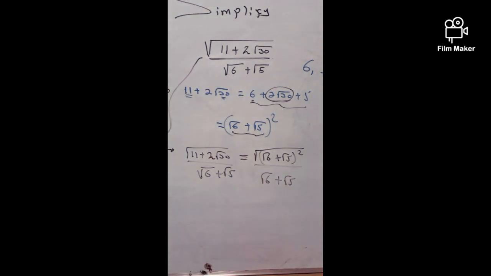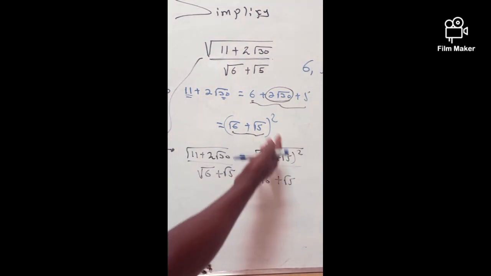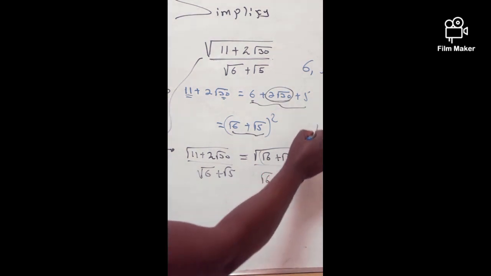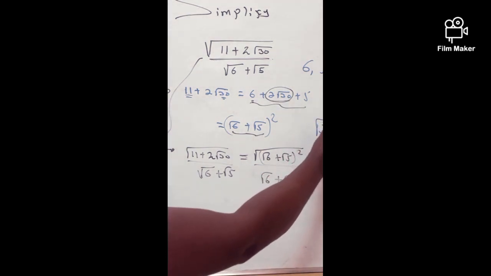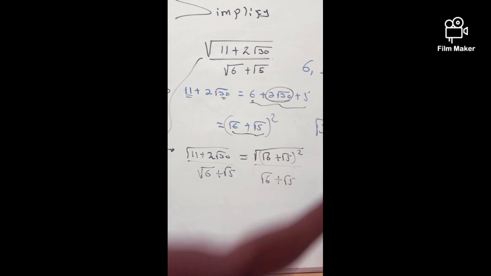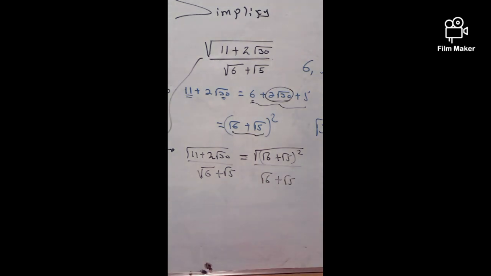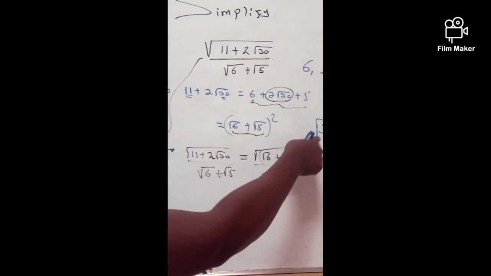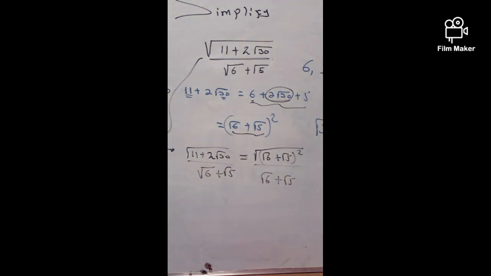As you already know, how we are going to simplify this problem: what is the square root of x squared? This is the absolute value of x. Do you know the reason why we say this? Because if it is only x, this expression and that expression will never be the same.